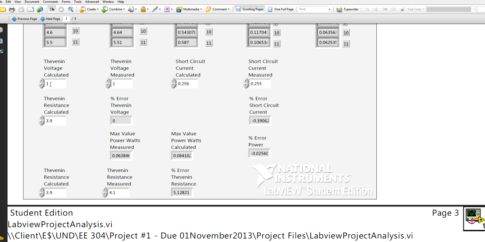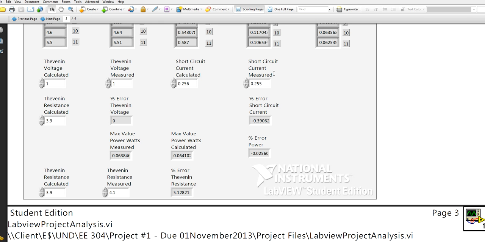The entered Thevenin voltage calculated versus what was measured: I measured 1 volt versus I calculated 1. And then you're going to see the percent error that was calculated. Notice it's nearly 0. I've also entered the short circuit current I calculated versus the short circuit current that I measured.